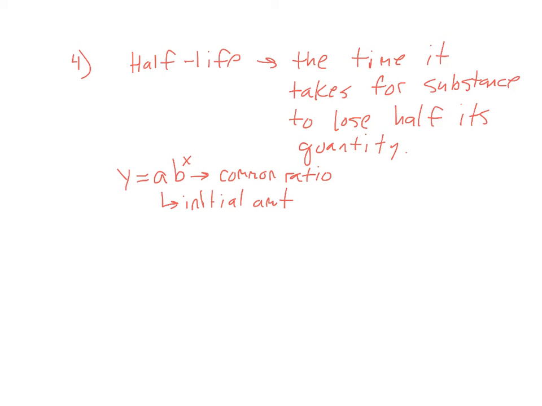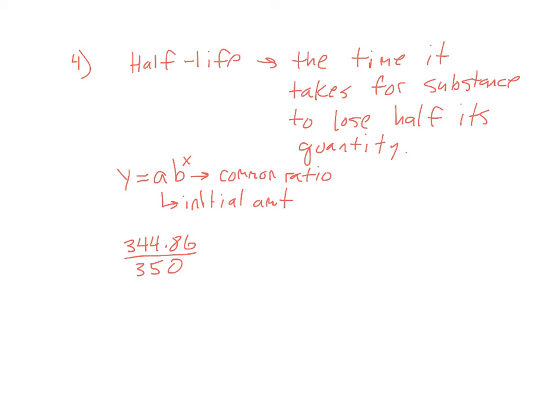So since it's going to be a decay rate, in this case they tell us that we have a set number of values in a table. Well, all I do is I take the next value in the table and I divide it by the previous. For example, I take the next value, which is after 1 year, there's 344.86, and I believe it's kilograms left, and I divide it by the amount there was at 0 years, or the initial amount, which was 350.